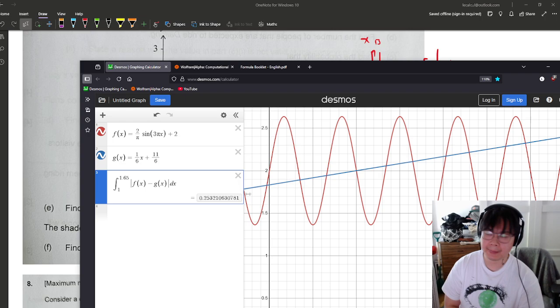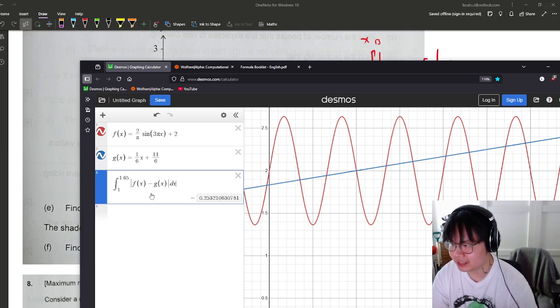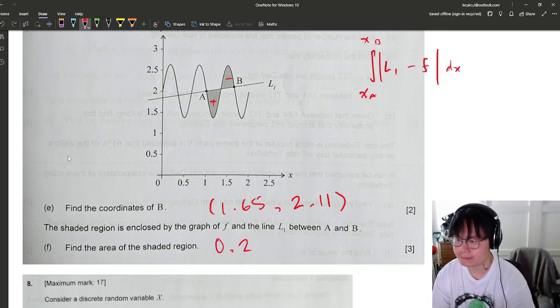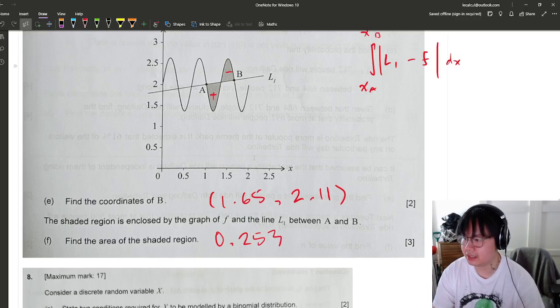Okay. So there you go. This should be the actual area of the shaded region. Again, all those you can do on your GDC. This is just faster if I can type it on my keyboard. So 0.253. Okay, nice.